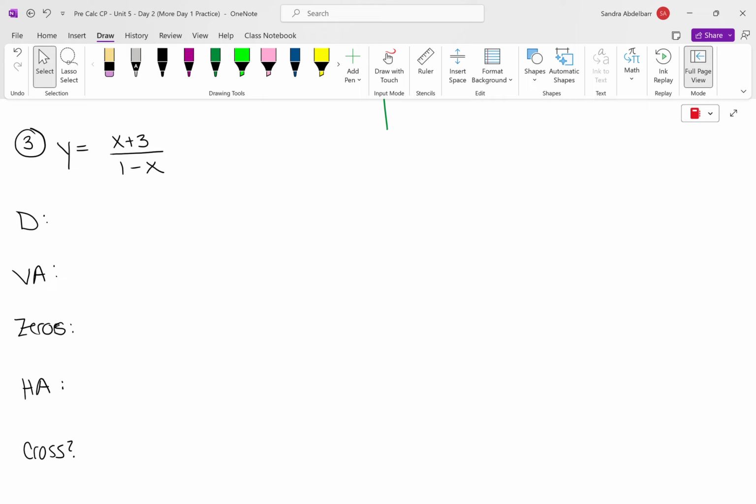Let me see. Oh, I hope this wasn't a cross one. Was this a cross one? No, I didn't get that across.